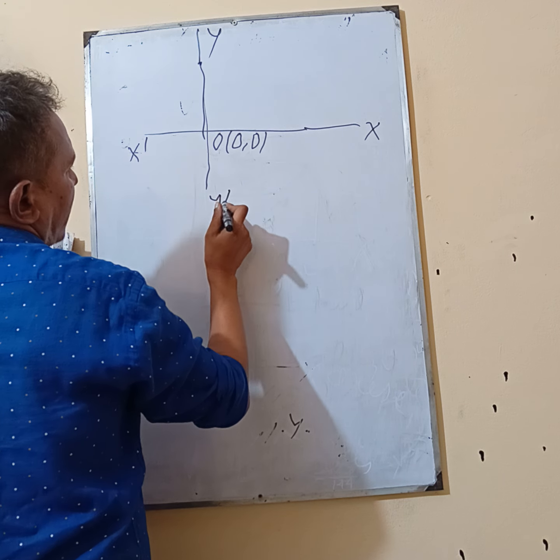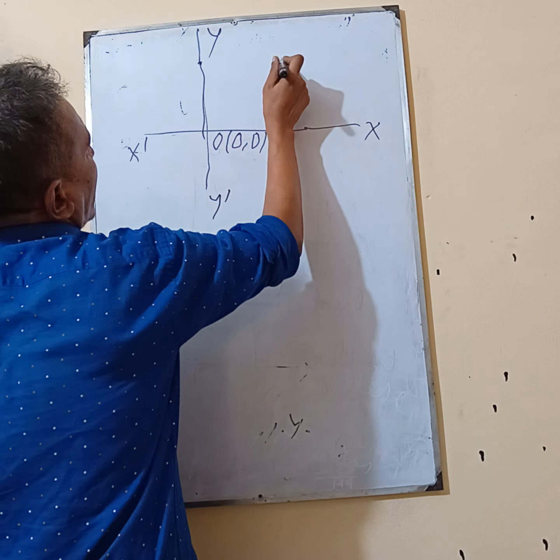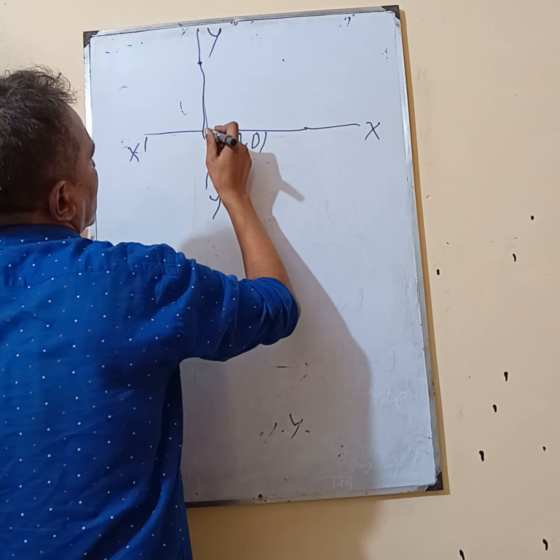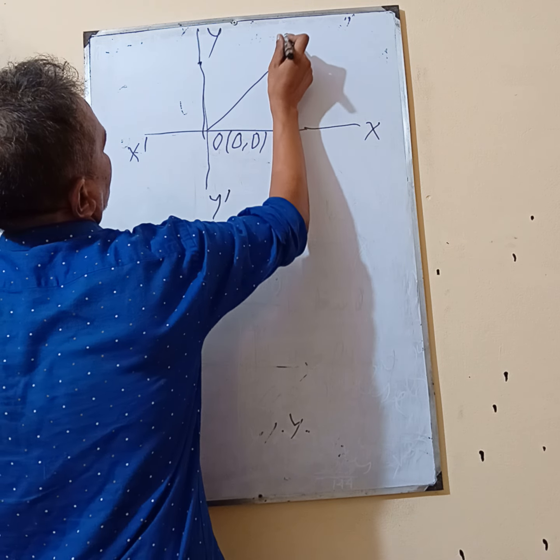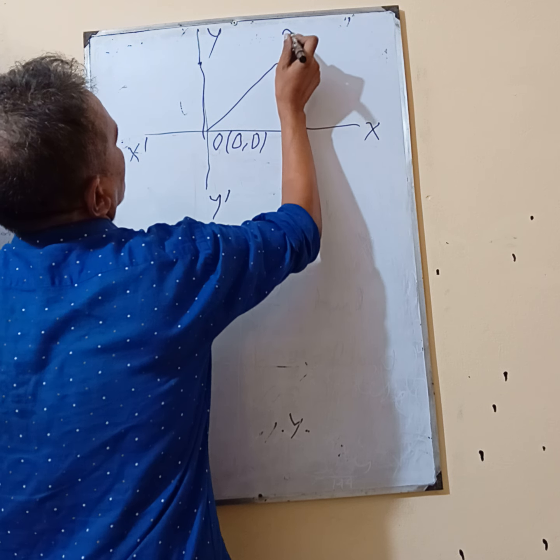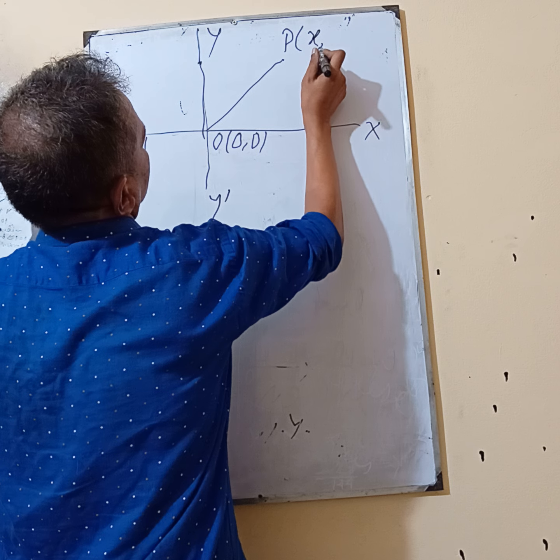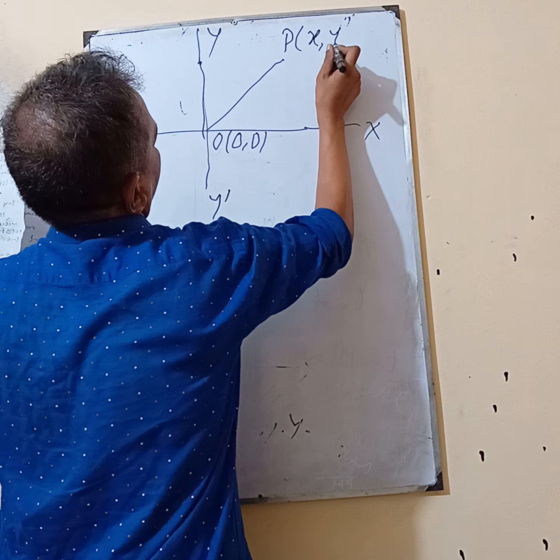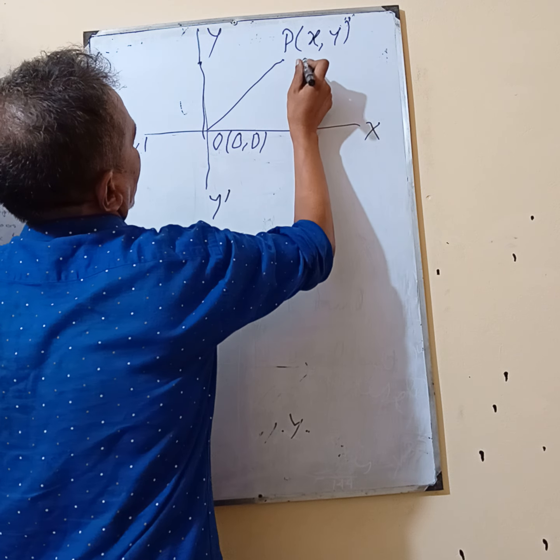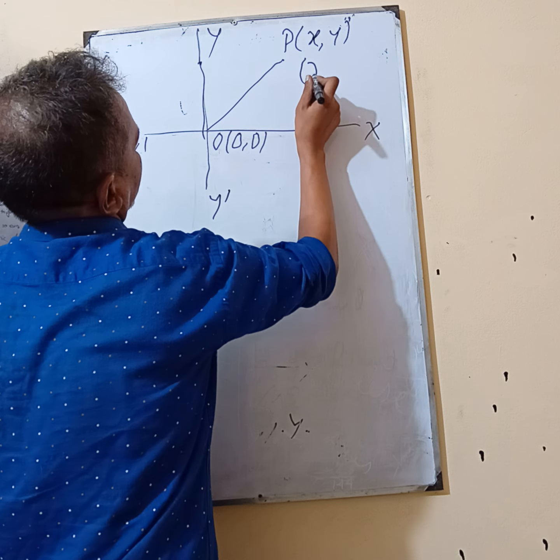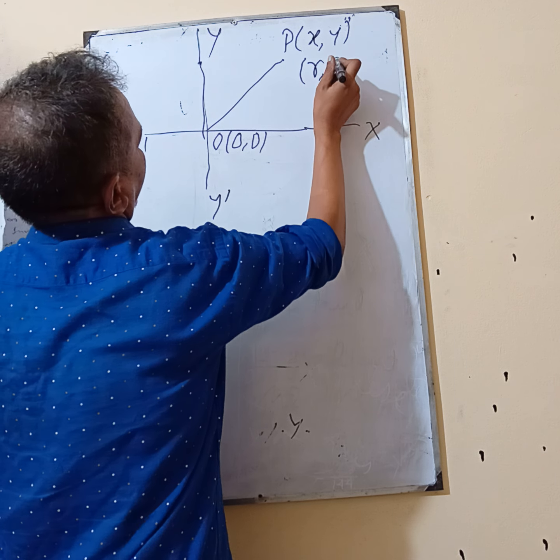Now I take a point P, where P is equal to (x, y) and (r, theta). Now I am discussing (r, theta) and (x, y).